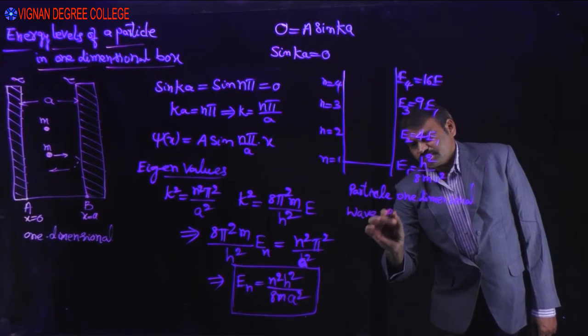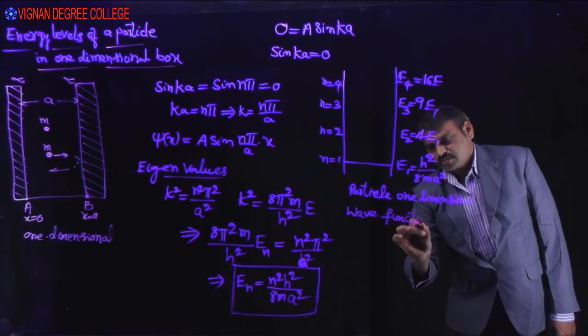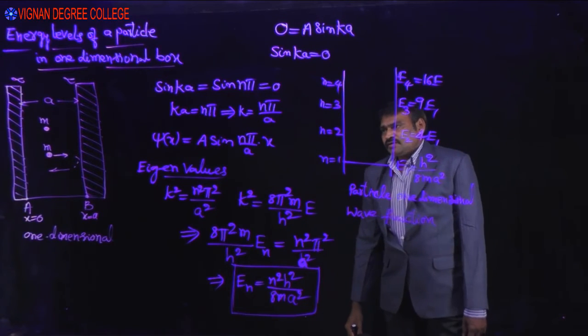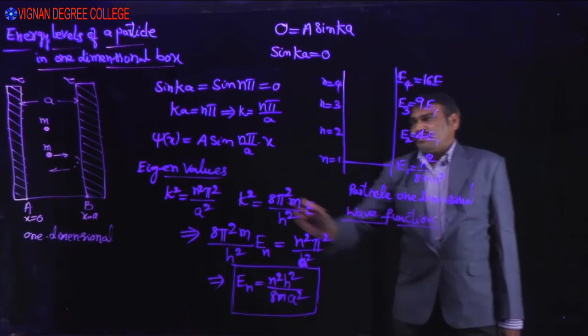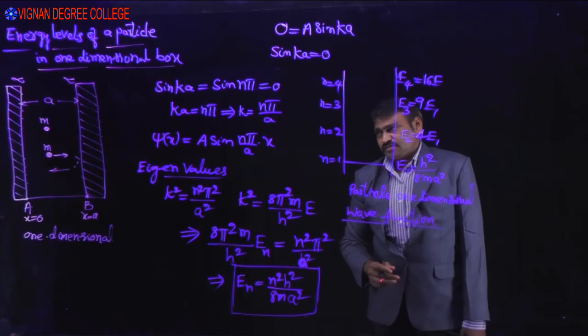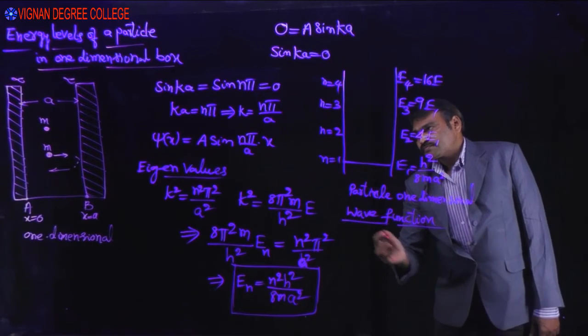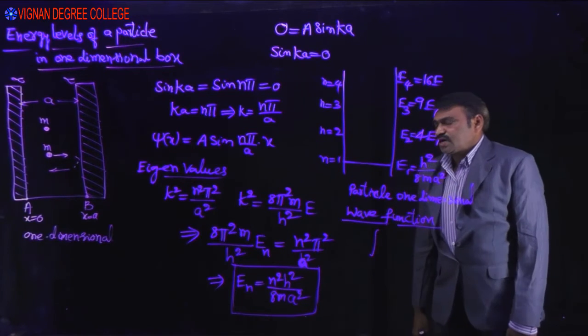The wave function can be obtained by determining the value of A. Then only can you write the wave functions. How can we calculate A? Take the normalization condition.